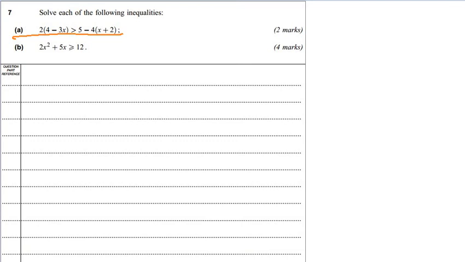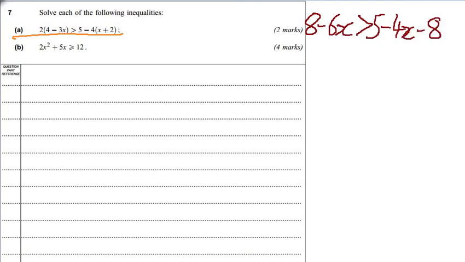But here we go. So first thing to do is times out the brackets, and we'll get ourselves 8 minus 6x is greater than 5 minus 4x minus 8.